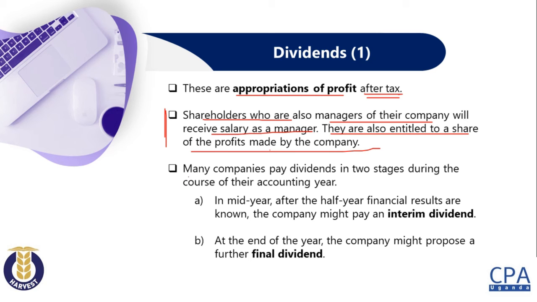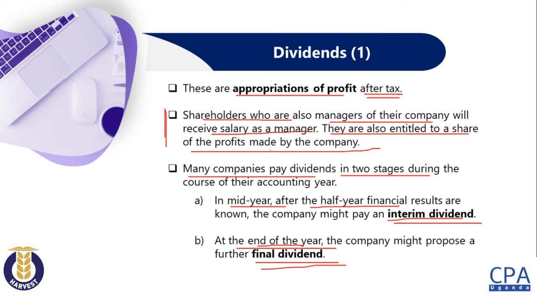In the third bullet, we are saying that many companies pay dividends in two major stages: mid-year, after half-year financial results, and this is what we call the interim dividend, and at the end of the year when we finalize the final accounts, and this is what we call the final dividend.